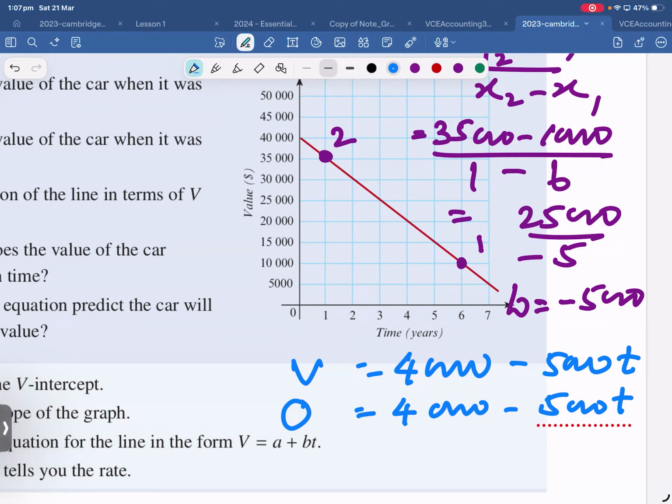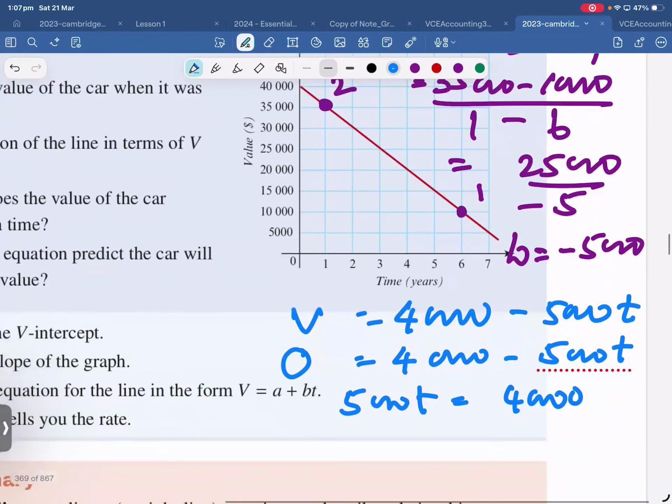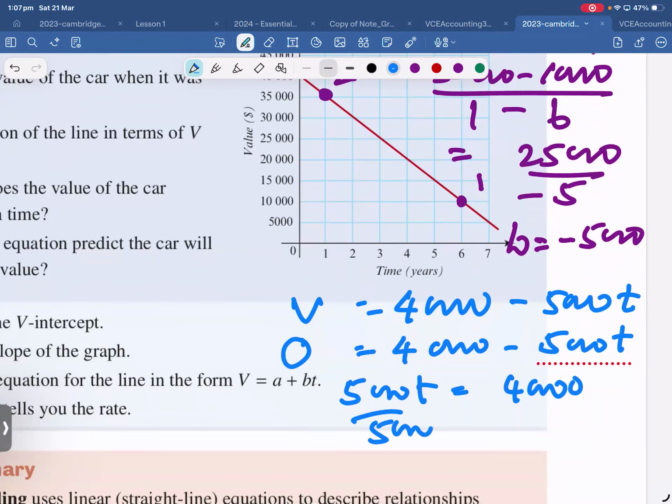It would be 8. T is 8, correct. So basically 5,000 T is equal to 40,000. So you divide both sides by 5,000, and as a result T is 8. Yeah, correct.